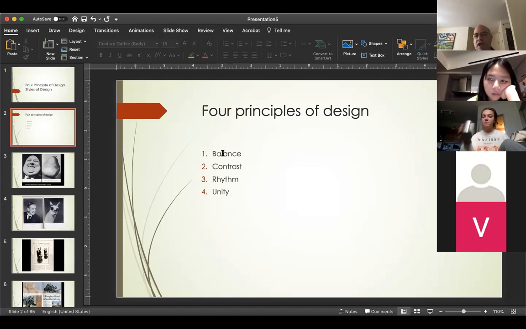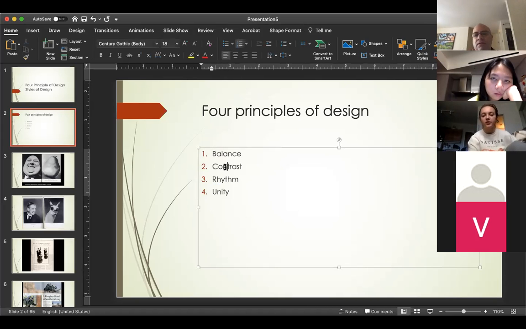Maybe the balance is okay because you have the two images of equal size, but what else might that affect here? Is it going to affect contrast? Yeah, because everything's going to look the same. I mean, there's going to be some contrast, in that it's going to be image, text, text, image, but not much, right?